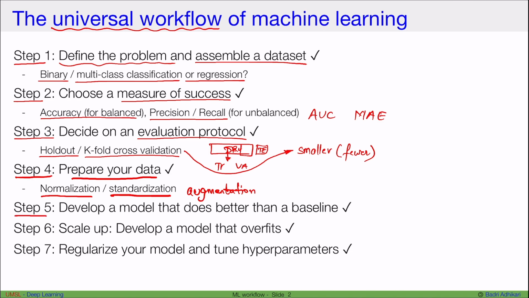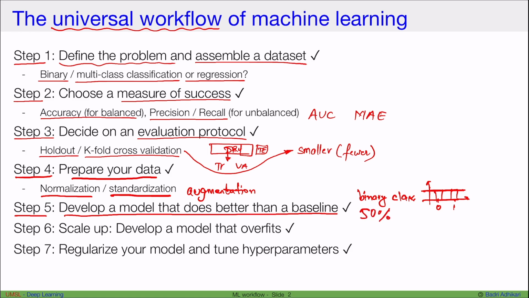The next step is to develop a model that does better than a baseline. So you want to determine the baseline for your problem. For example, if you're doing a binary classification, and if your data is well balanced, that is, if the number of zeros and number of ones in your examples are equally balanced, the same number of positive and negative, then your baseline accuracy becomes 50%.